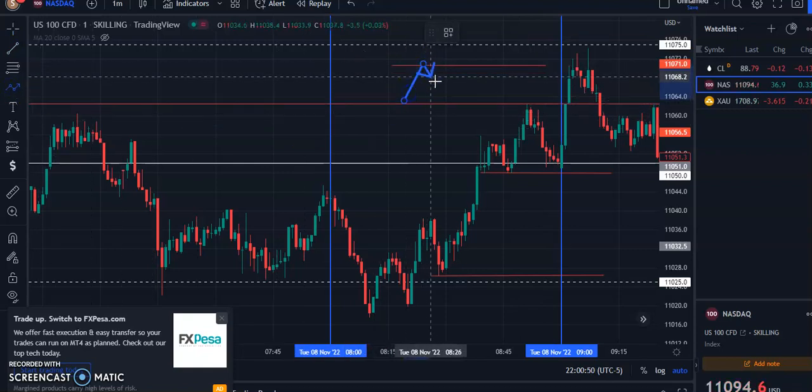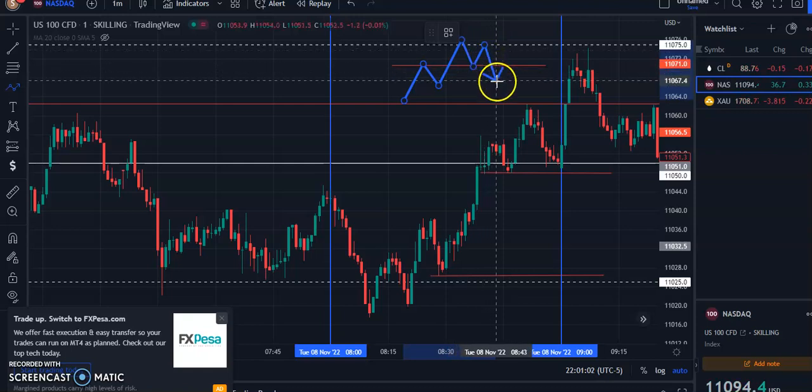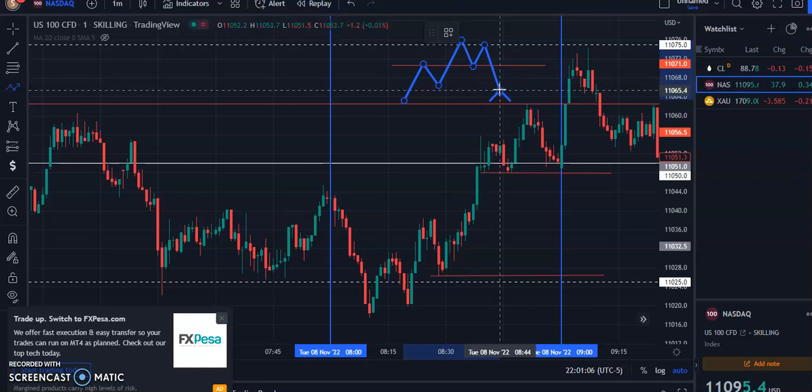We go higher low, higher high, higher low, higher high, higher low, and then we fail to break the next higher high, and then we break structure. So this is a market that is potentially going to reverse.